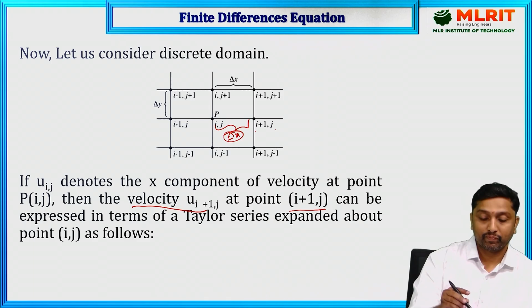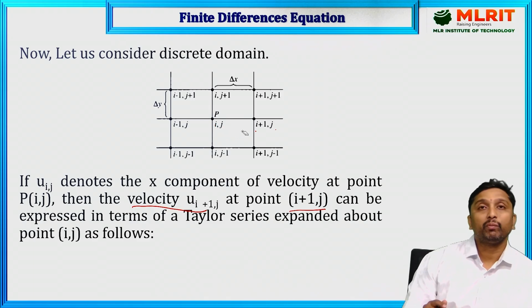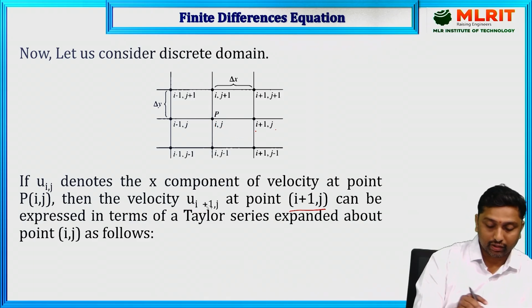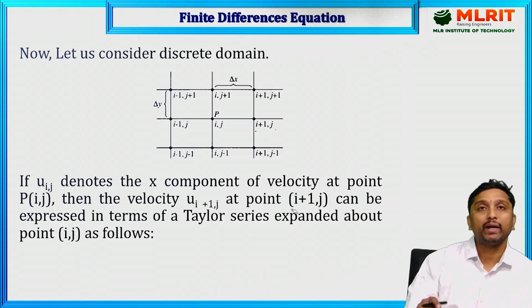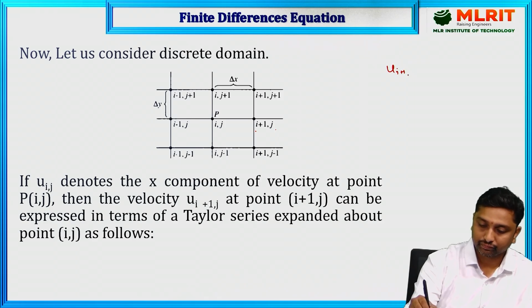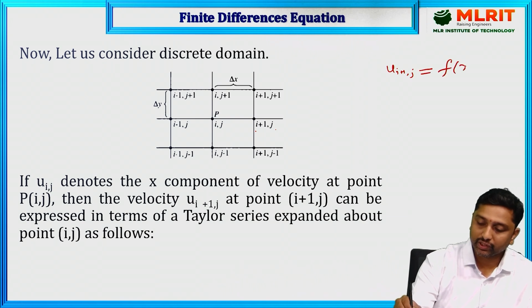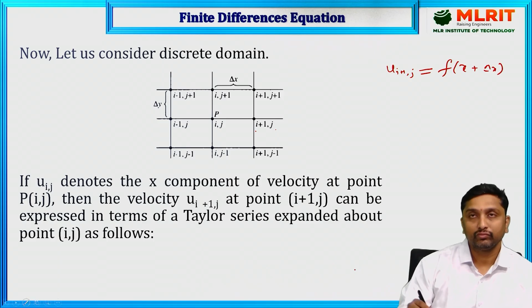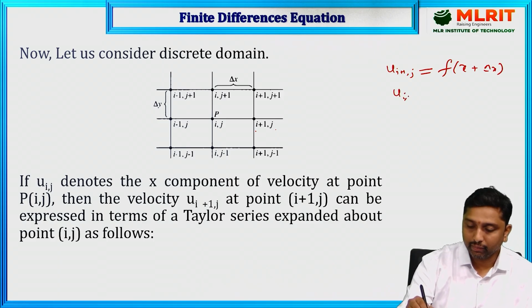Here u I plus 1 comma j represents f of x plus delta x, and u I comma j represents f of x.